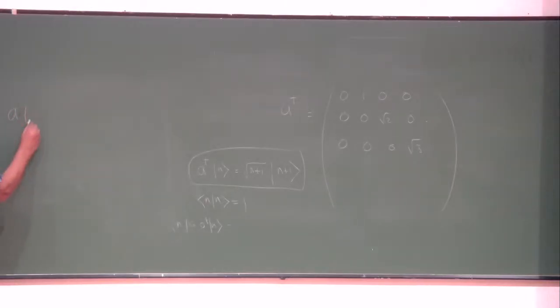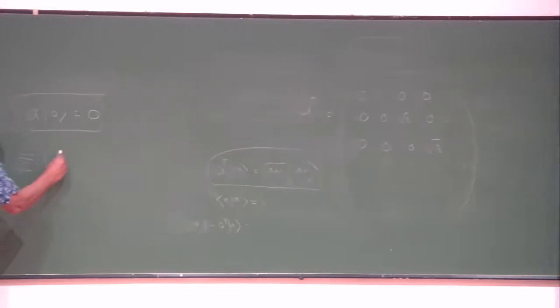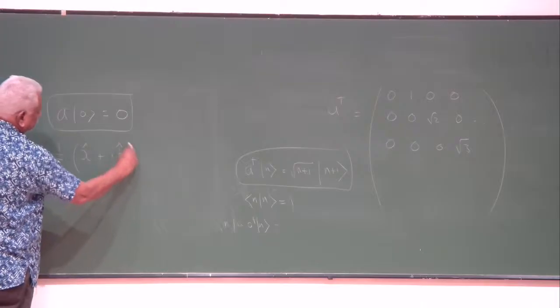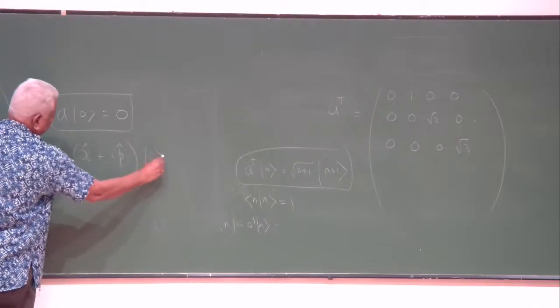A acting on 0, the ground state, is 0. But A I have defined for you earlier. It is some 1 by root 2 x plus iP acting on the 0 state, the lowest state.